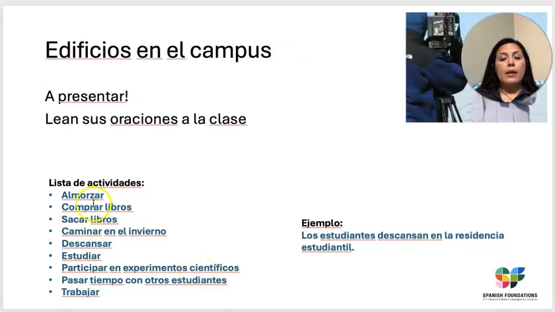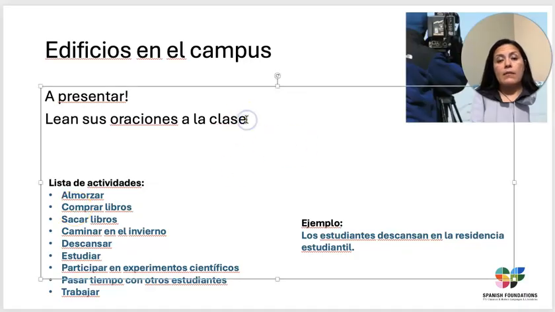So for example, you have almorzar, comprar libros, sacar libros, caminar en el invierno, descansar. So here you're going to write 4 examples of where these occur.